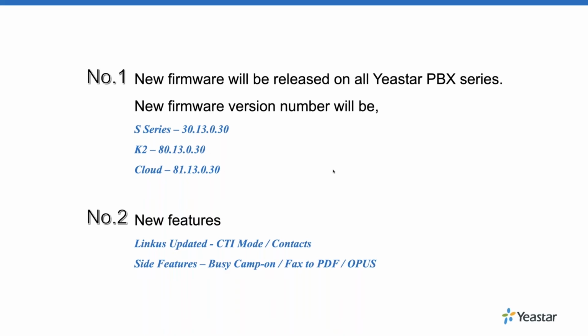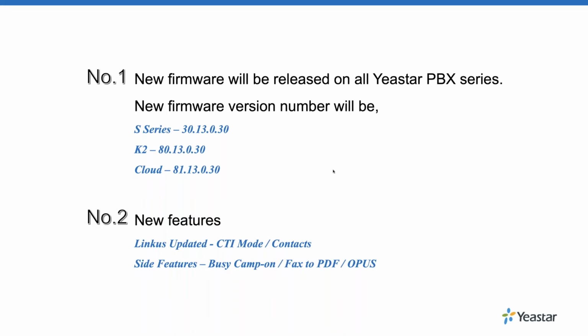Okay, so this is a general introduction about this new firmware. And the point will be new features. In this new firmware, we're going to support a few new features. Generally speaking, we can call this two major updates on our system. The first one, or part one, will be Linkus updates.